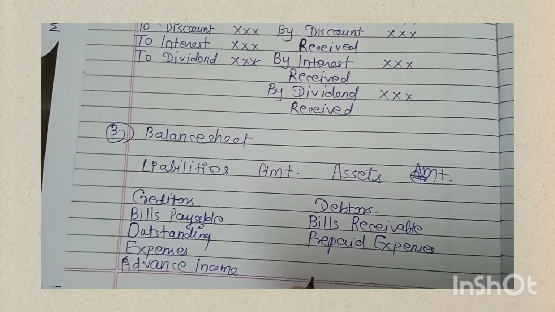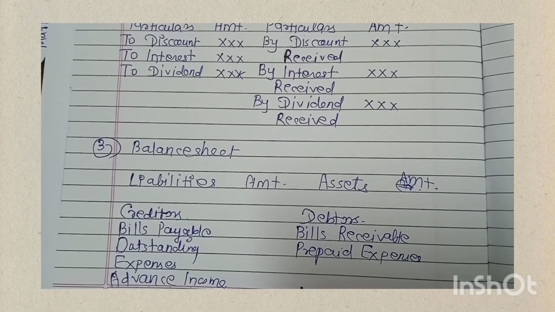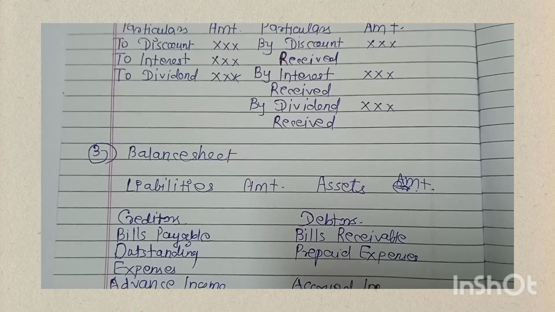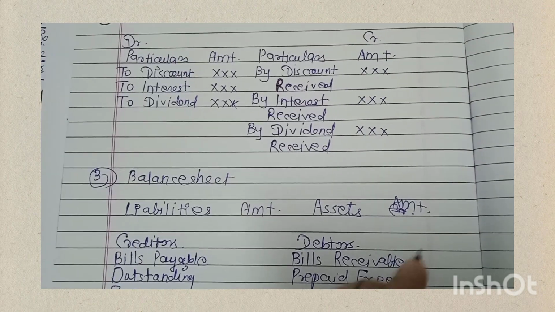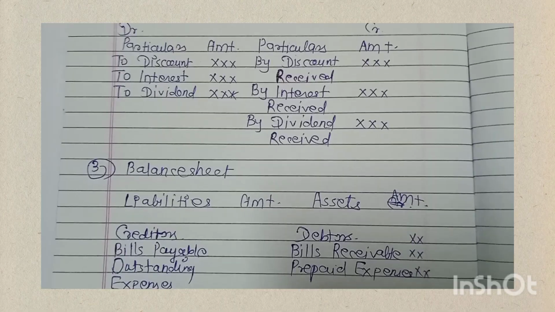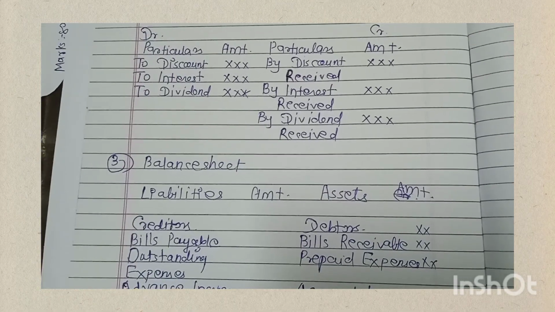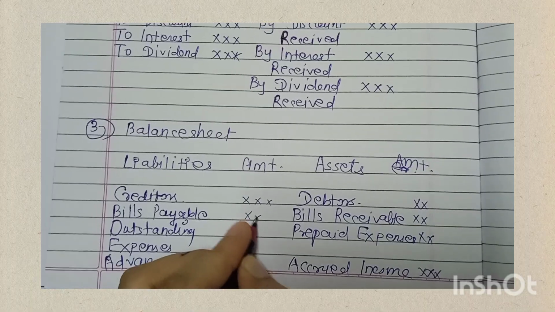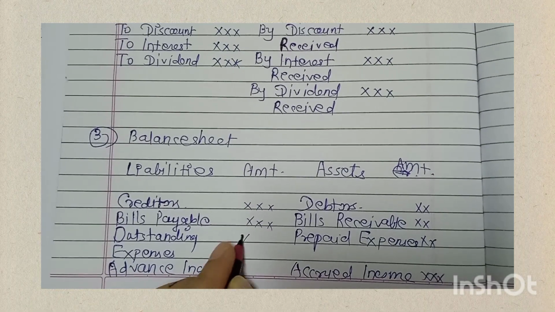And on the asset side we write accrued income, meaning the income which is accrued, in the next year but we have received in this year. You all understood this very well. The balance sheet is most important, you all have to remember it.